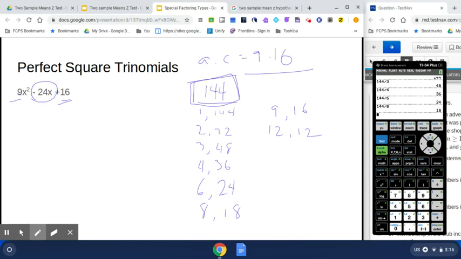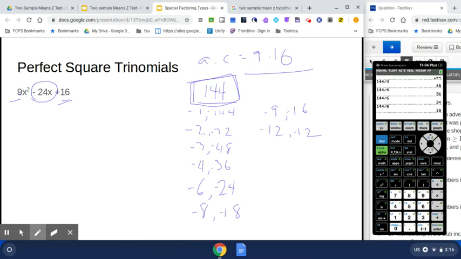Because a negative times a negative will make a positive when I multiply. But when I add two negatives, I still get a negative. So I'm going to go back through and make all of these negative. Take a second, guys, to really double check your signs when you're doing these and making sure that when you multiply, you get the correct sign, and when you add, you get the correct sign.